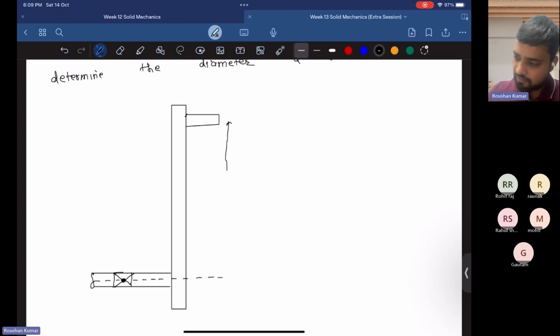This distance is 500 mm, and this distance is where the load P is applied. This distance is 50. And this distance is 25.